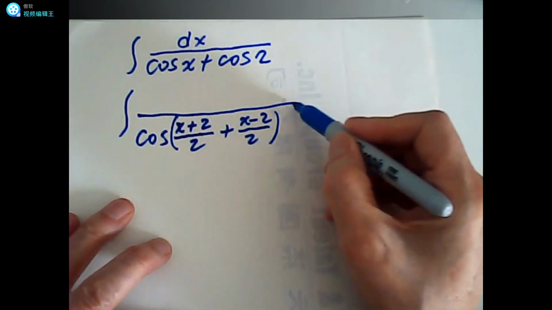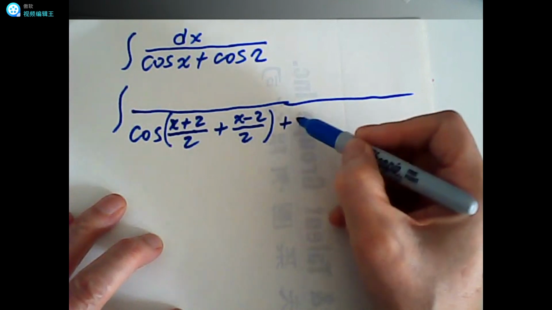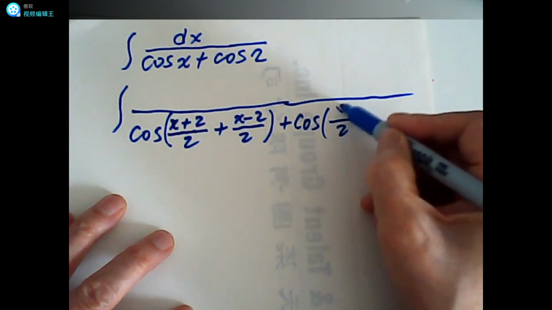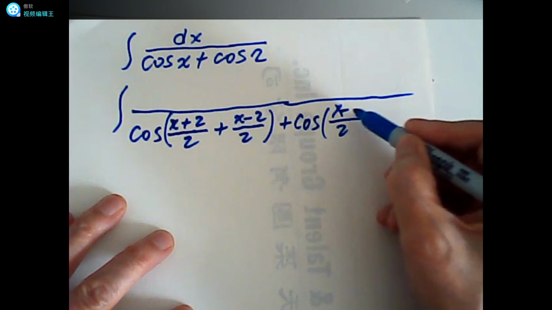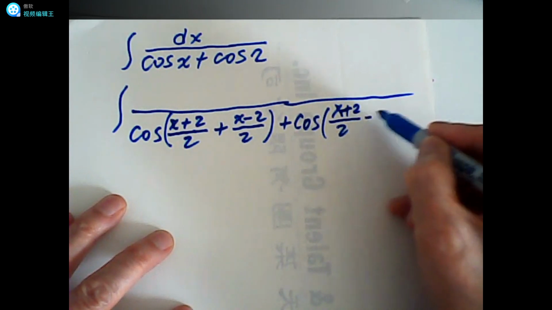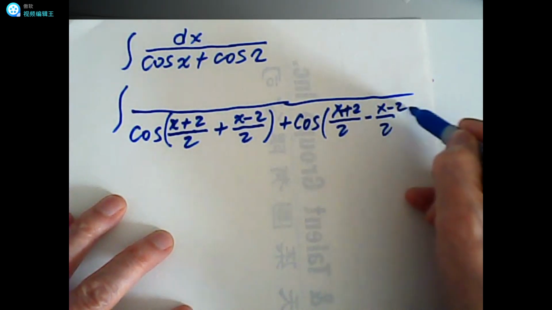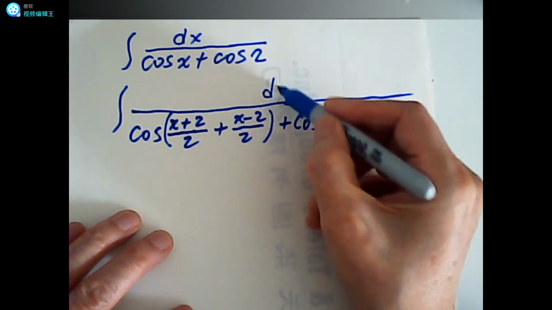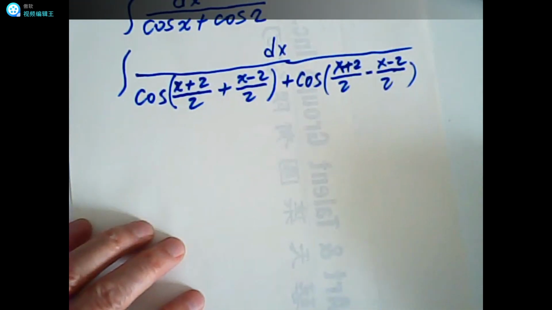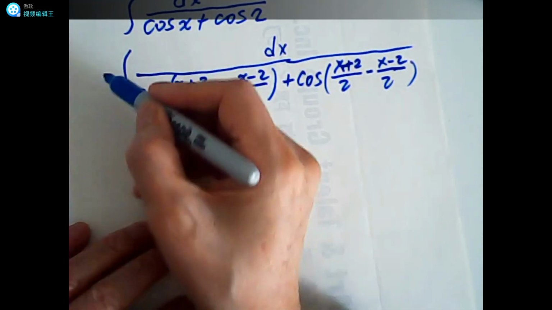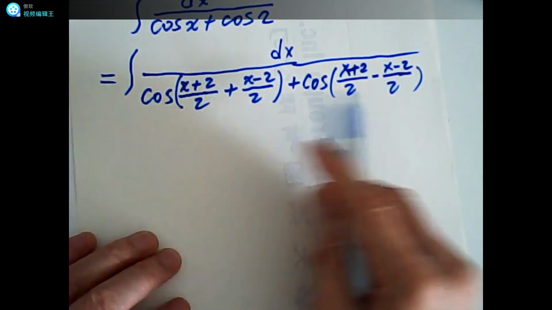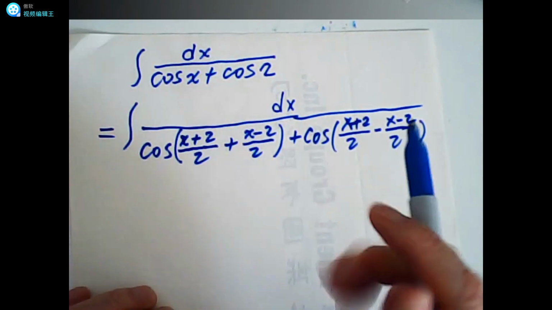That's cosine x plus cosine 2, where x is half (x plus 2) minus half (x minus 2). That is cosine 2, it is dx. Okay, the reason I'm doing this is because I want to make the denominator one term, one factor.